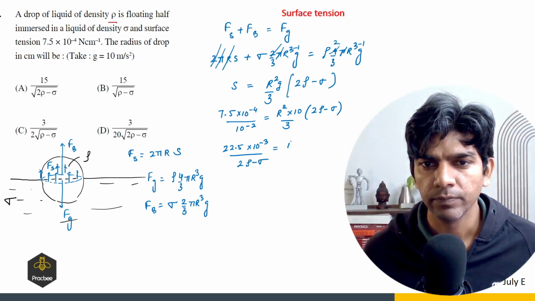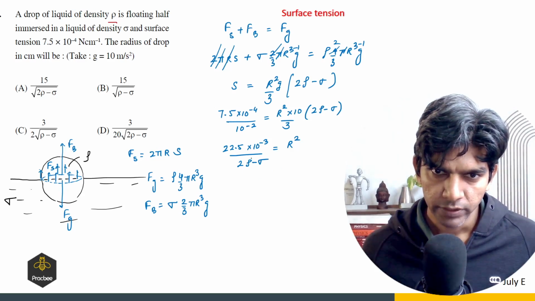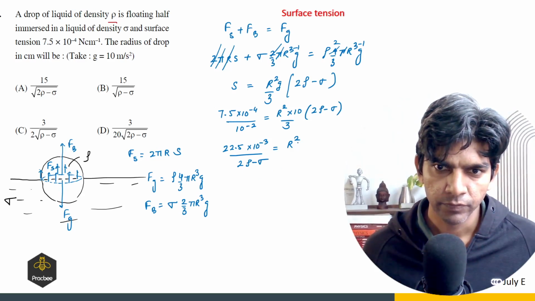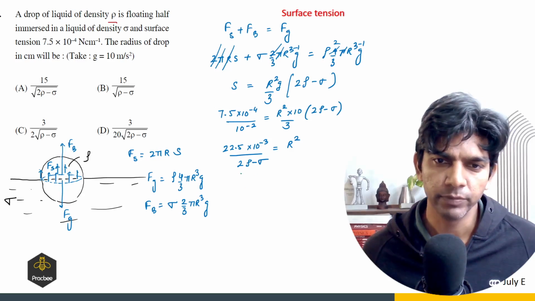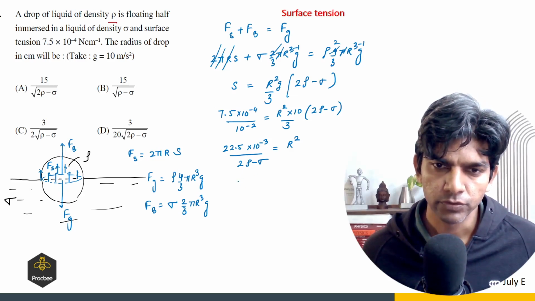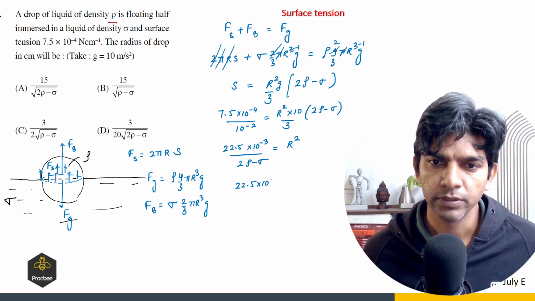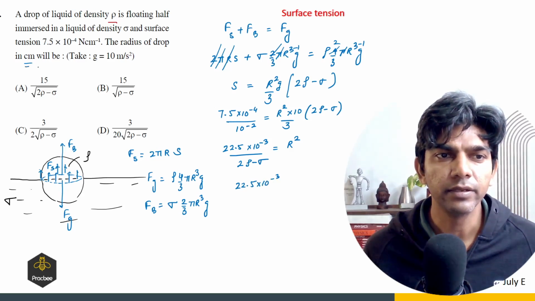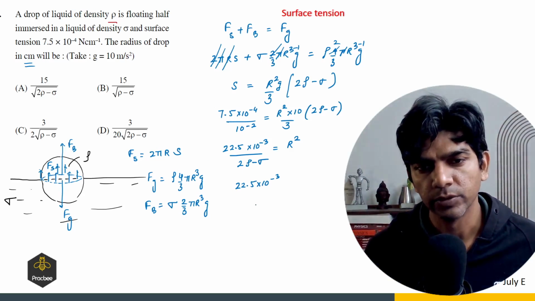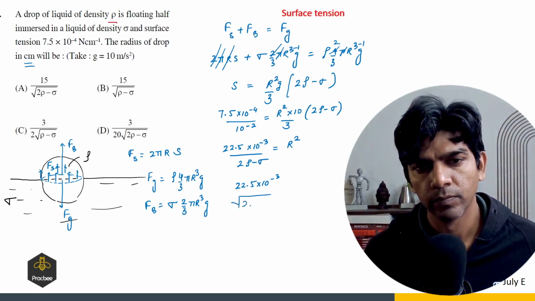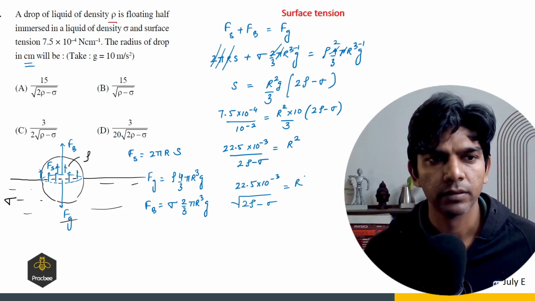So that will be r square. So radius we have to calculate in terms of SI units, right? So let me just take the square root. So it will become 225 into 10 raised to minus 4. First let us find in SI and then we can find in centimeters. Rho minus sigma, that will be r.